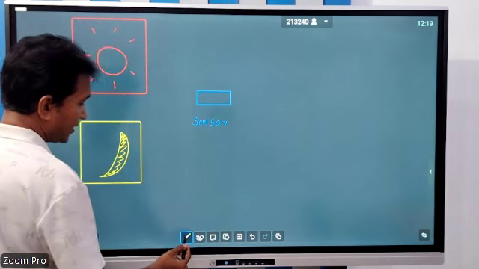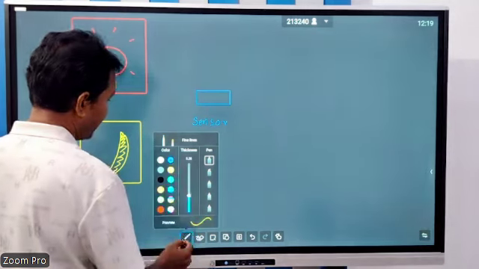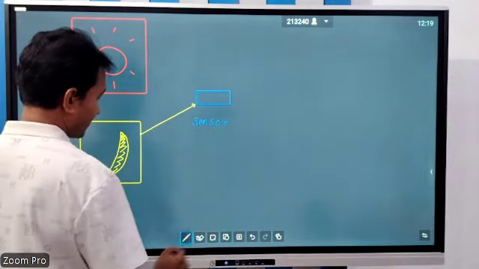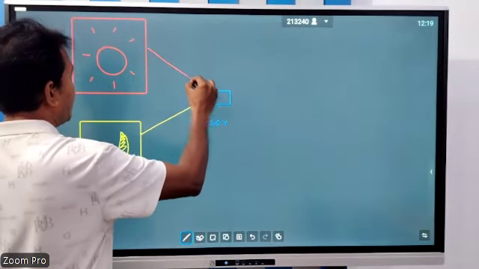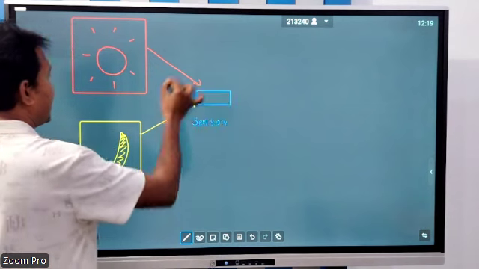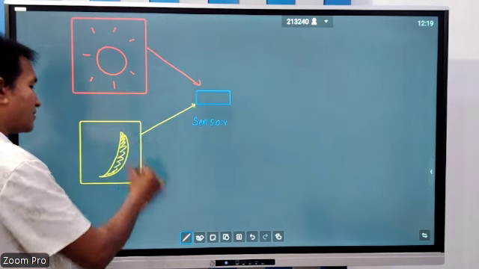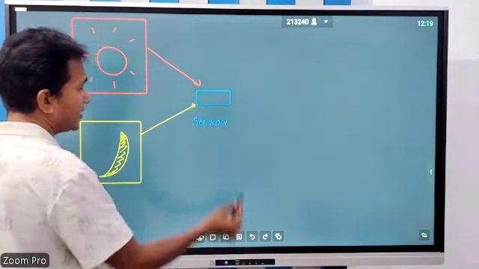This environmental interaction is received by this sensor, right? When it is light, it will get this interaction. When it becomes dark, it will get this interaction.